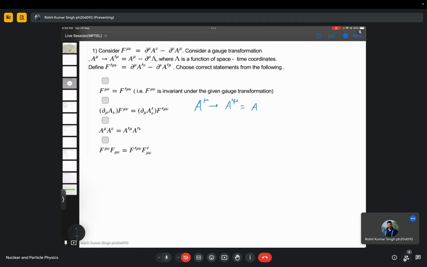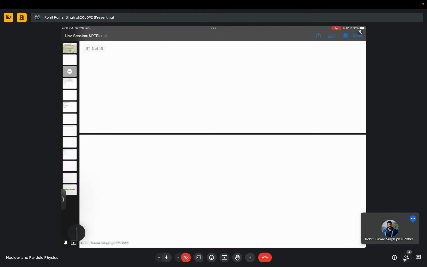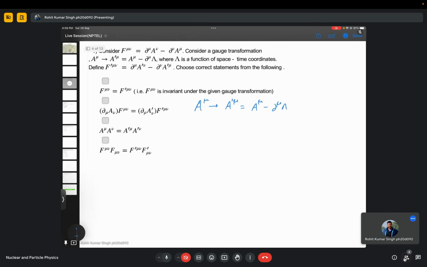The potential A mu is transformed like this, where lambda is a function of space and time. And under this gauge transformation of the potential, we have to find out what happens to the field strength tensor F mu nu.